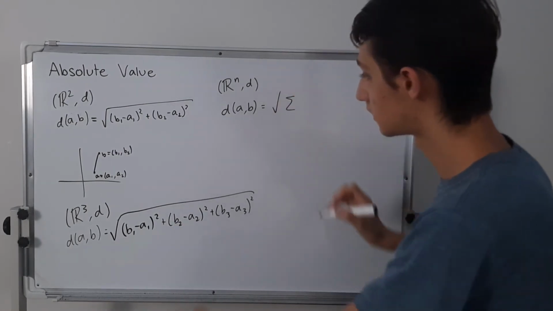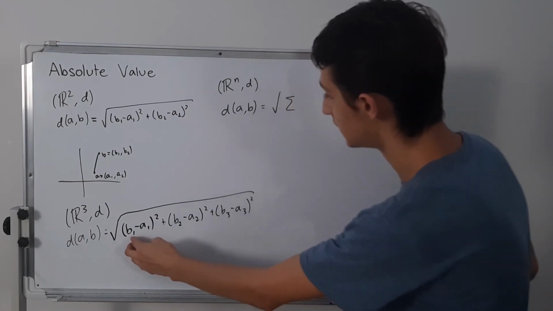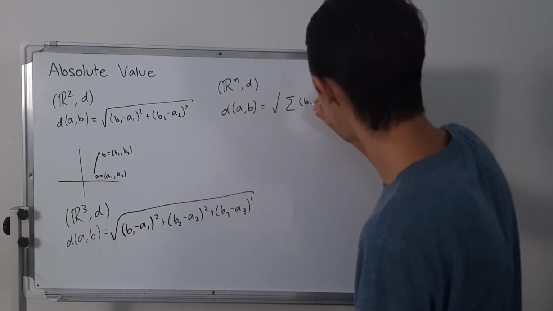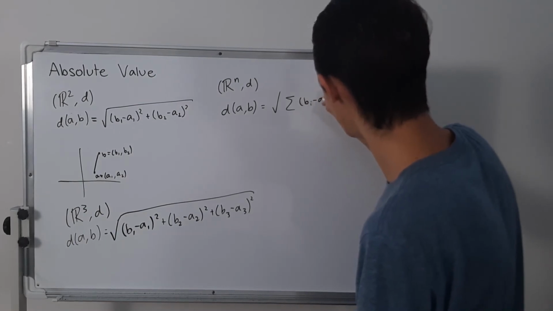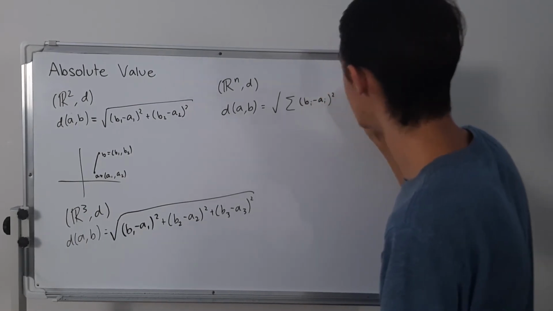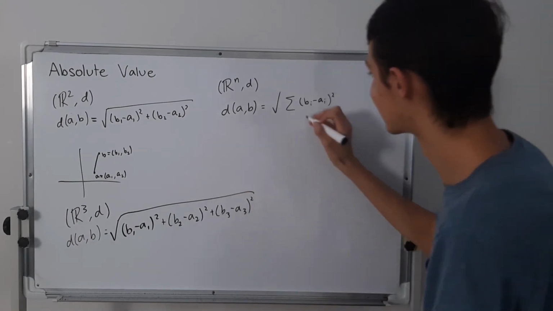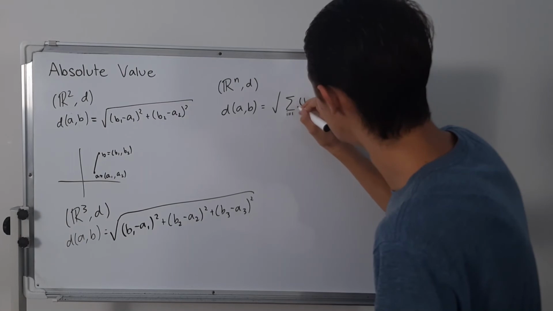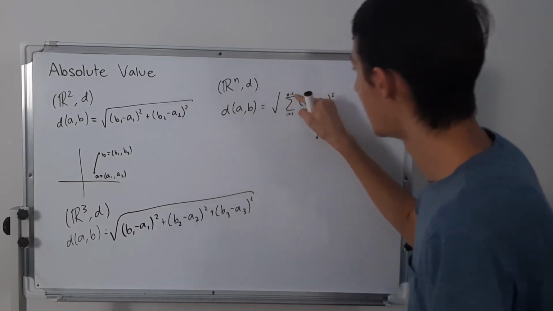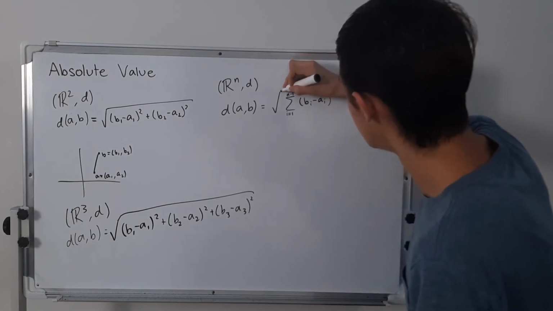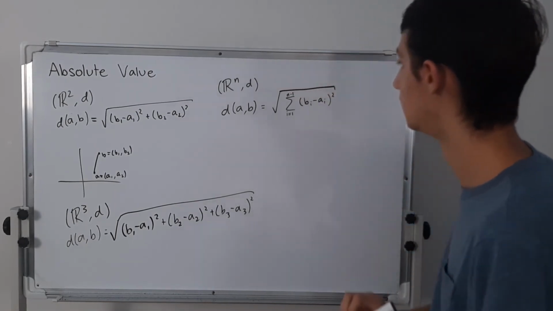We always have b1 minus a1, so we're going to have b_i minus a_i, where again i is not the imaginary unit, it's just an index, and i is going to range from 1 to n minus 1, n minus 1 again for the same reason as before, and we take the square root of all of those.